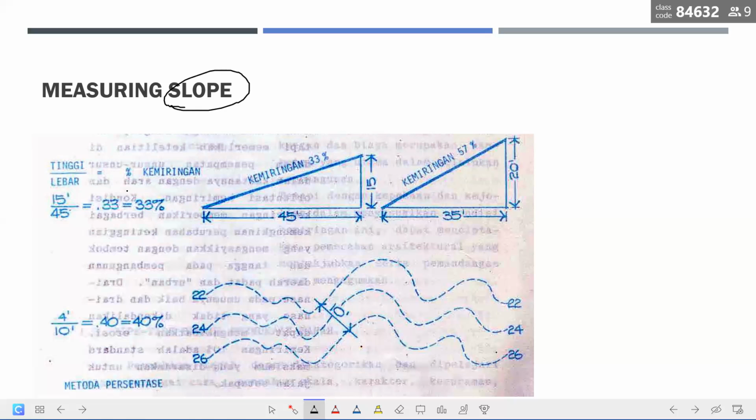And of course, it's a totally different approach, because here you are measuring in percentages rather than comparing the horizontal and the vertical distances.